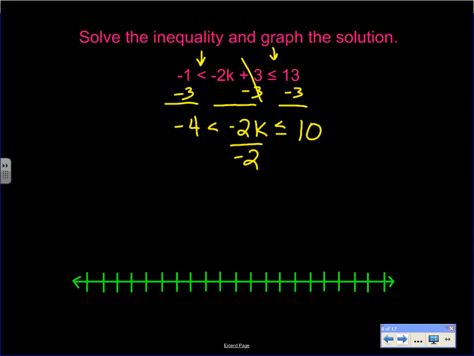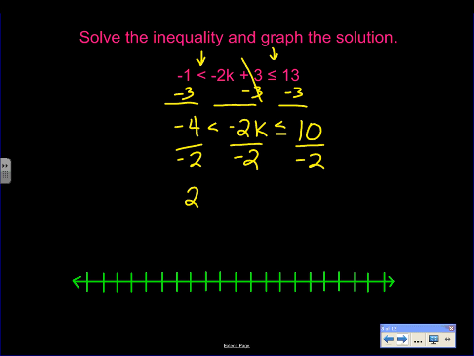So with inequalities, dividing or multiplying both sides by a negative number, you've got to catch your attention. Let me go ahead and just do the work here. We divided everything by -2. -4 divided by -2, remember, negative divided by negative is a positive, 4 divided by 2 is 2. Now look at this inequality.